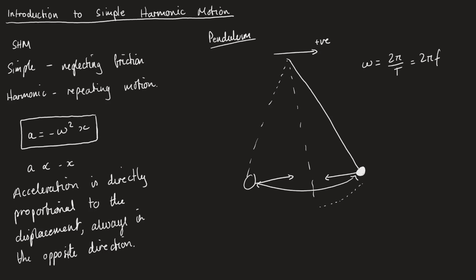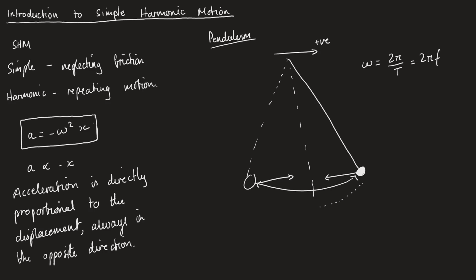We get this from when we do forces and we balance forces, and we get an expression for acceleration, and we always find that it comes back to this form as long as there is simple harmonic motion present. And that's why this is our definition of simple harmonic motion, because it doesn't matter where we start or where we do this. If we calculate an expression for the acceleration, we always end up with this idea that the acceleration is proportional to negative the displacement.